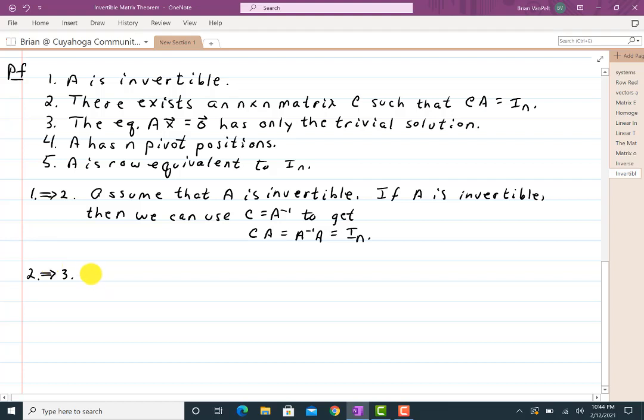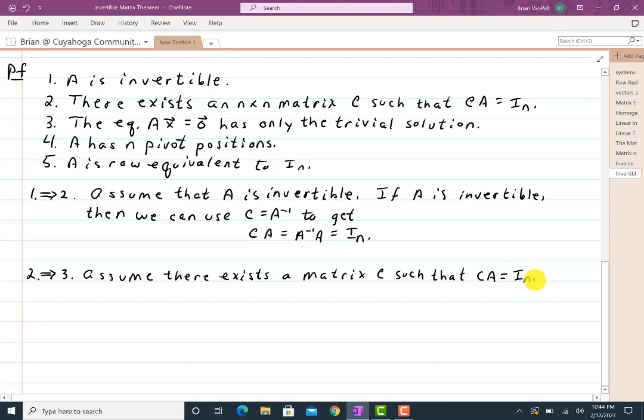So now, assume there exists a matrix C such that CA equals the identity matrix.